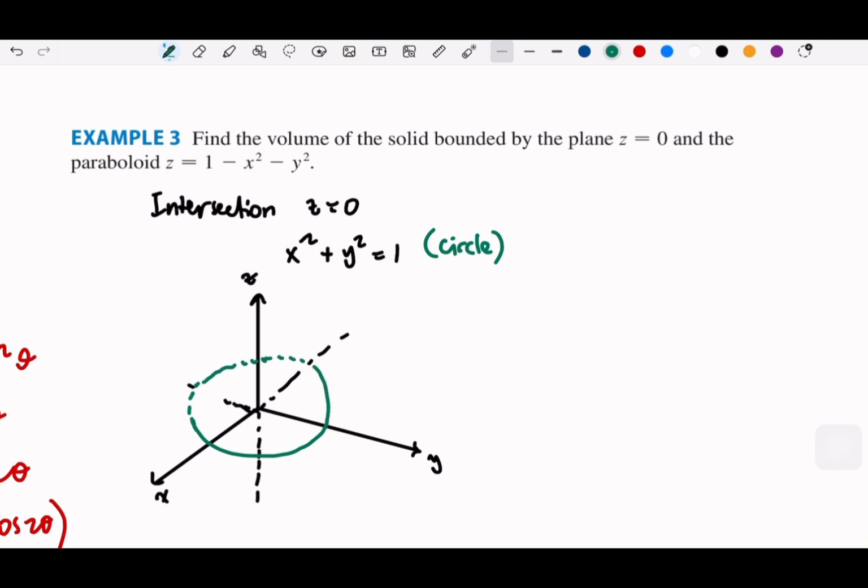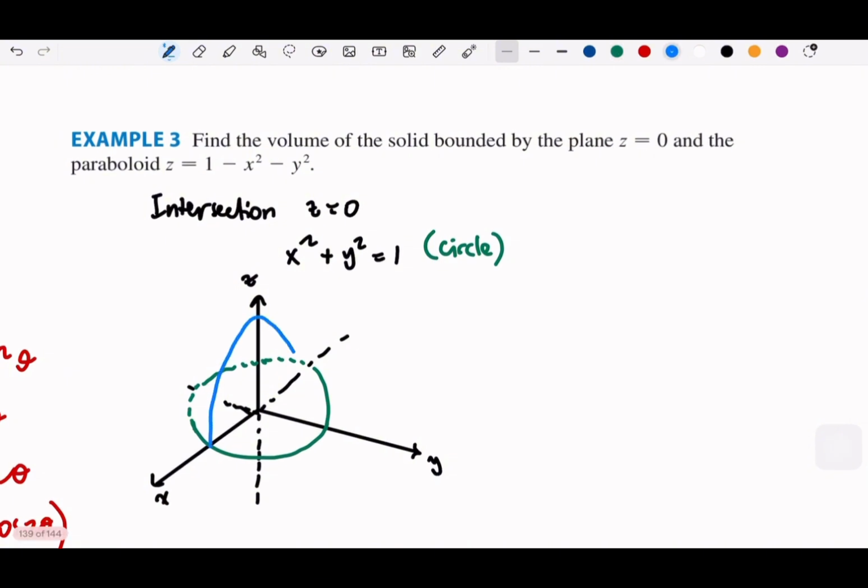And the paraboloid means we have this one for zx and this one for zy. So it's like a dome, or perhaps if you know the tool for making orange juice, it's like that. Okay, so anyway, this is the paraboloid.